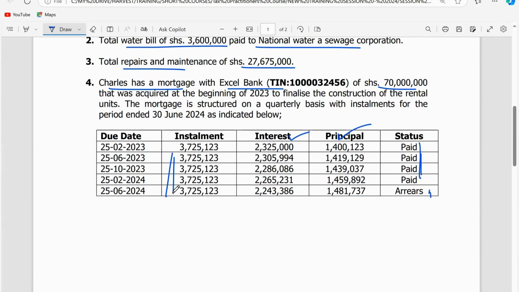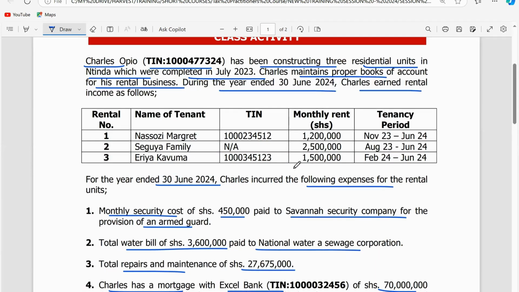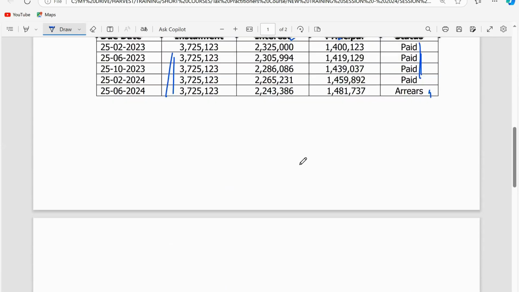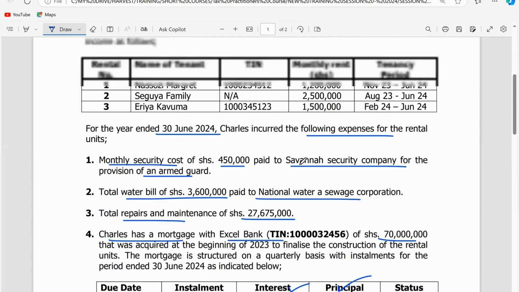The rentals were completed, but he's still paying the loan. The loan is still going on. So he believes this has to do with the taxes.